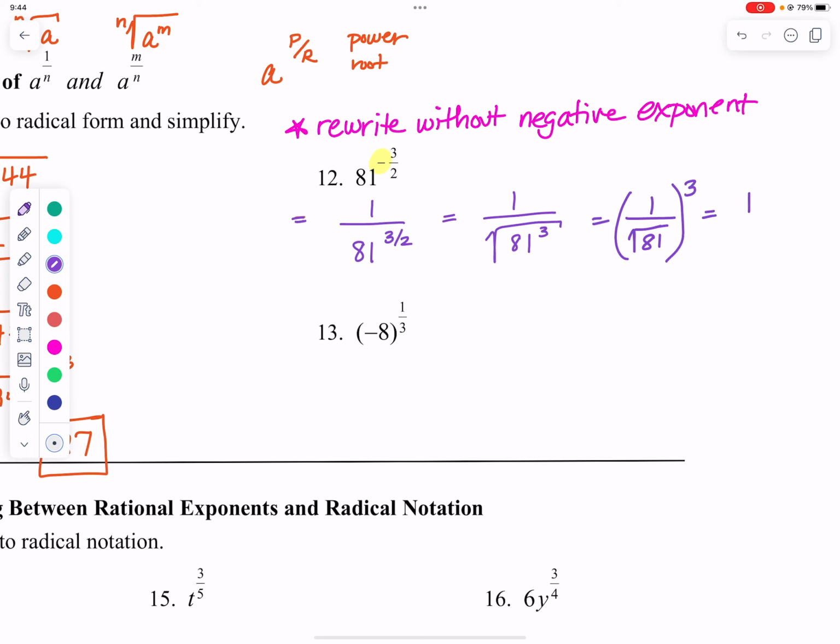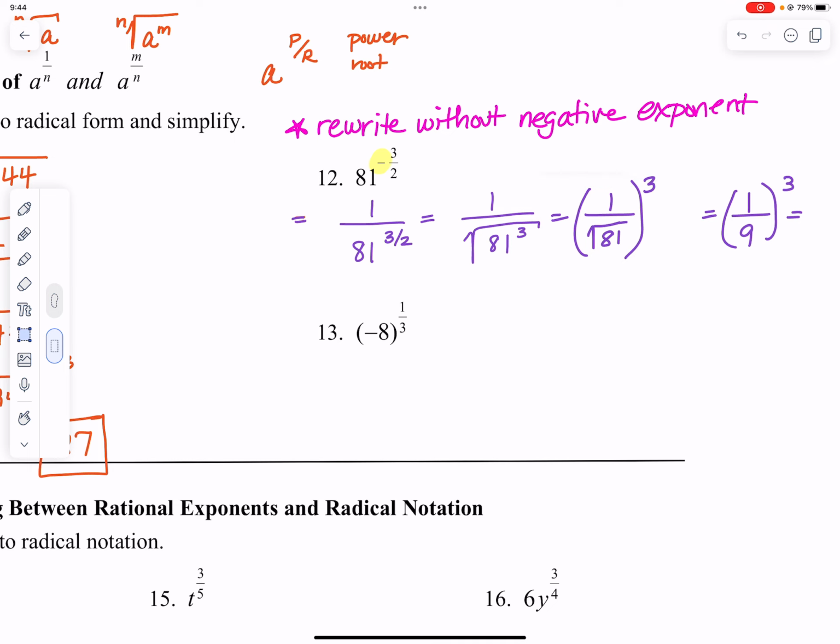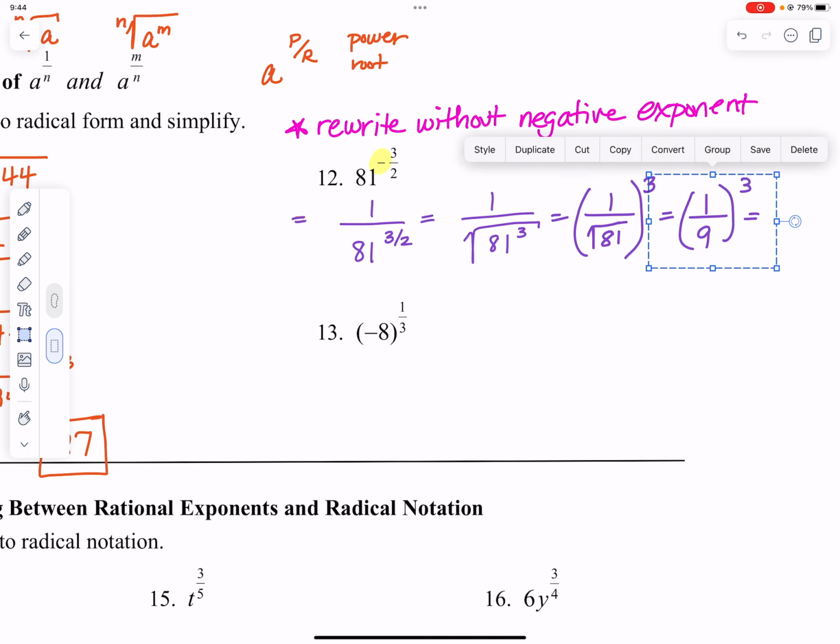And that is 1/9 cubed, and now we have, I don't know why I write so big. And then, of course, when we cube that, we have 729, 9 cubed.